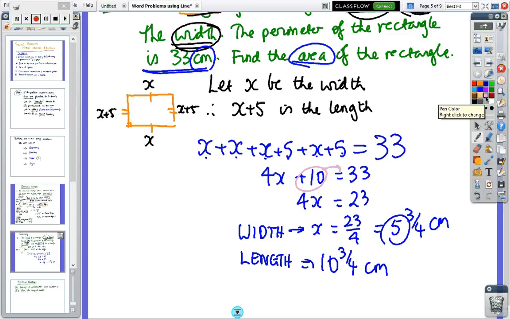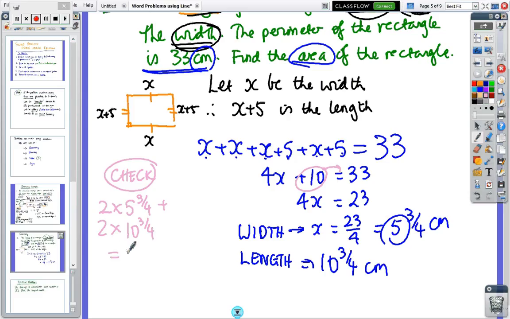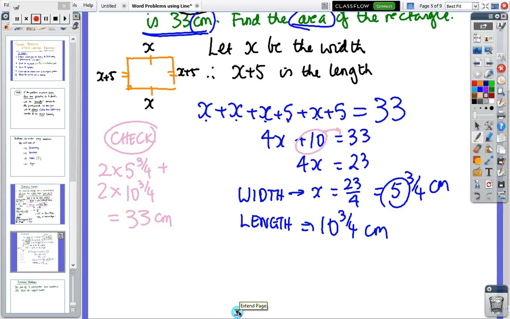To do our check, if we have 2 lots of 5 3/4, and I add 2 lots of 10 3/4, and I put that on my calculator, I will get 33 centimetres. But the answer to the question, area, equals length times width.